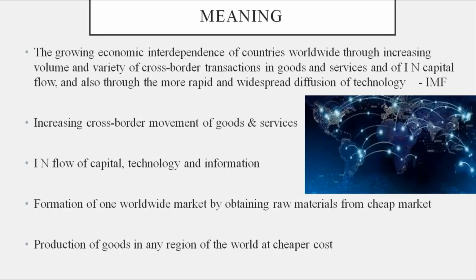Or you can invest money in that country and establish industries, use the raw material available cheaper there, convert it into finished goods and start a business. So the full world becomes one market and the goods will get a worldwide market. That is globalization: production of goods in any region of the world at a cheaper cost.